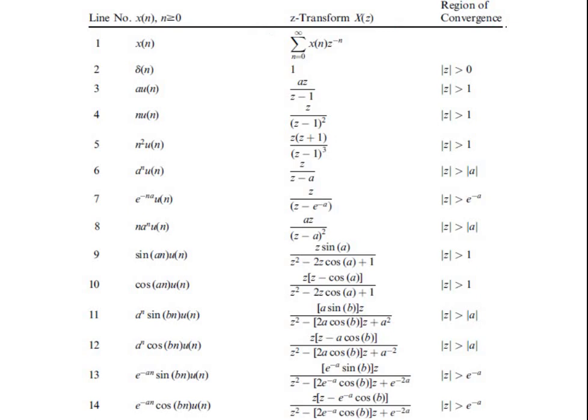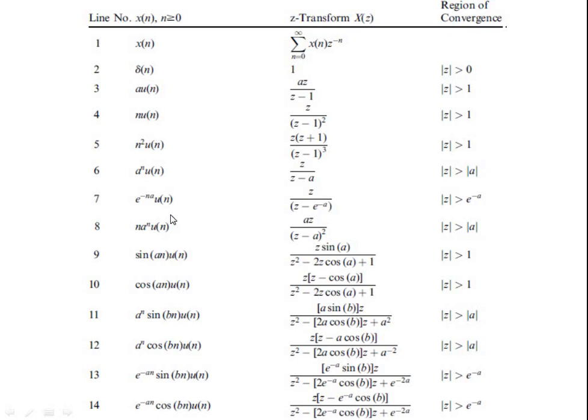Here we have a list of sequences. Mostly we have causal sequences along with Z transform with ROC. For solving inverse Z transform very easily and quickly, we have to remember at least the very first 8 sequences, so that we can do the calculations very easily.